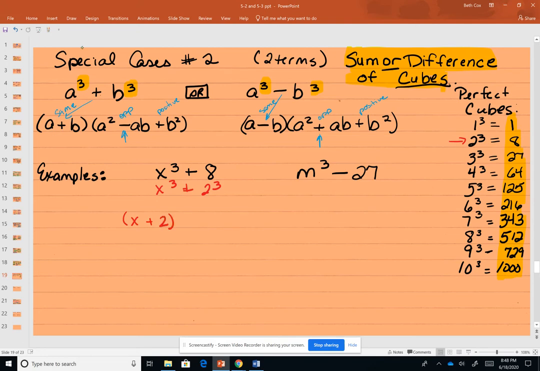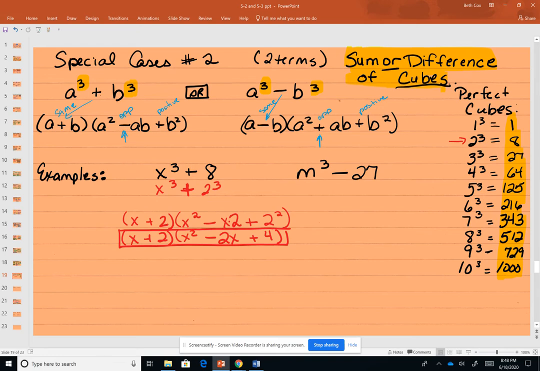Now we do x to the second, and we need a minus sign, and then x times 2, and then a plus sign, and 2 to the second. Normally x times 2 is written as 2x, and 2 to the second is 4. And so that's my answer, following straight from the pattern.